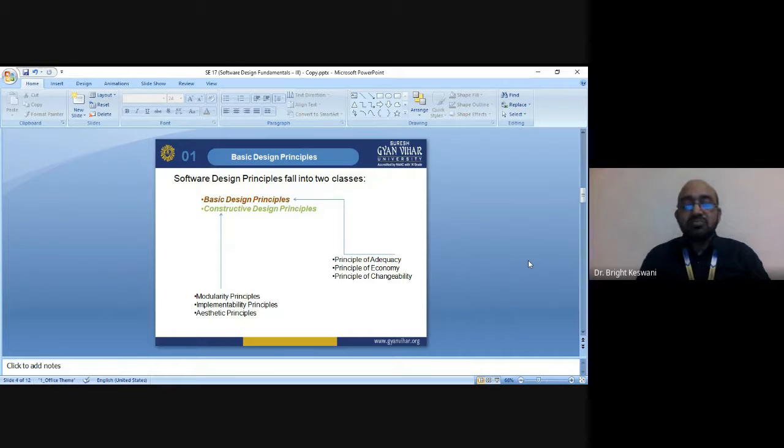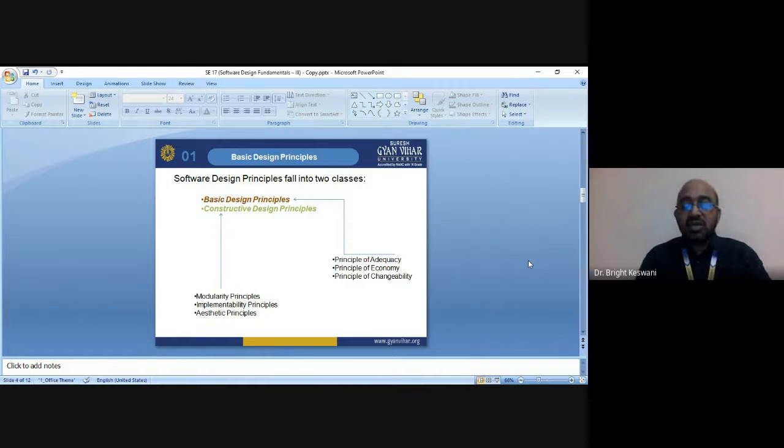So, if you claim that your software is a quality software, your software design should also be a quality design. To develop a good design, you should know the software design principles. That is the fundamental need.